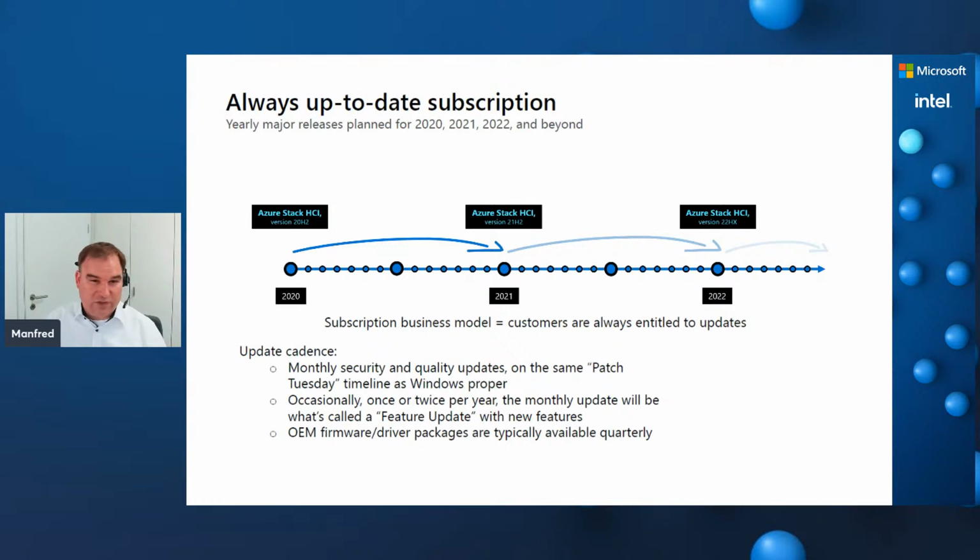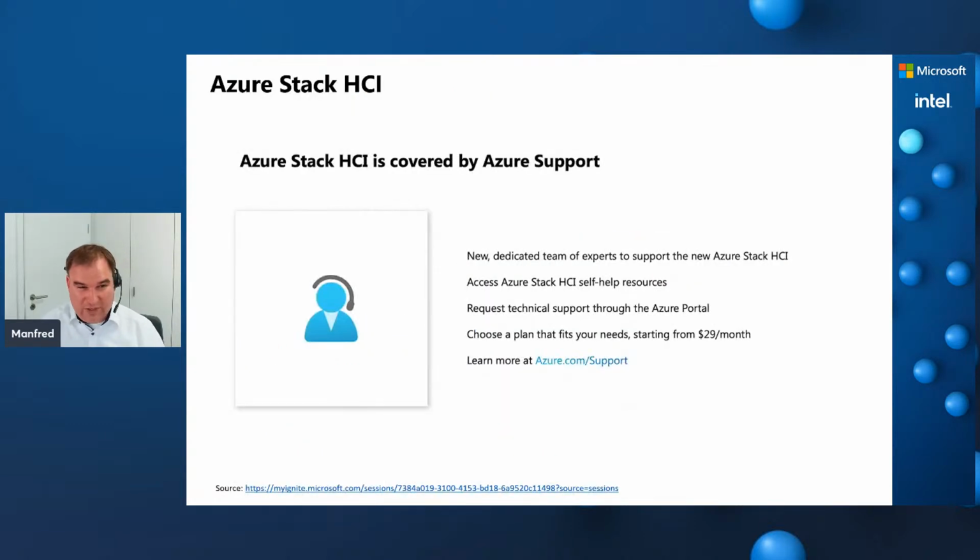Also an advantage is that you will receive support via Azure, but the support is not included. You have to book it as an additional option. The support starts at $29 per month. For production environments, it's $100, but not $100 per node or per cluster.